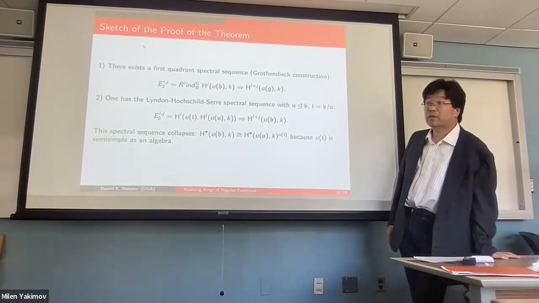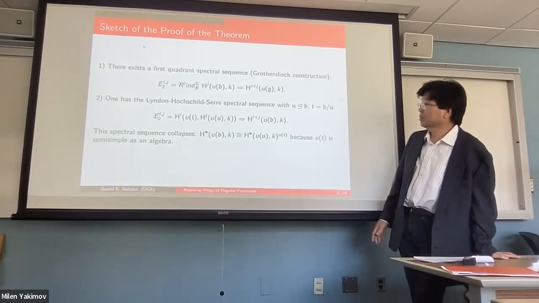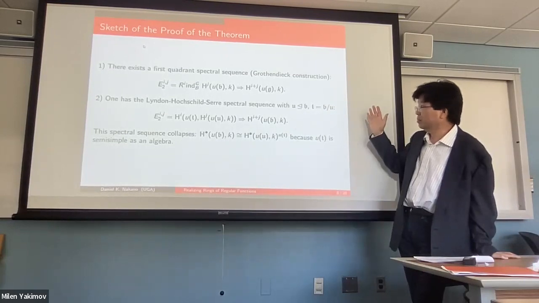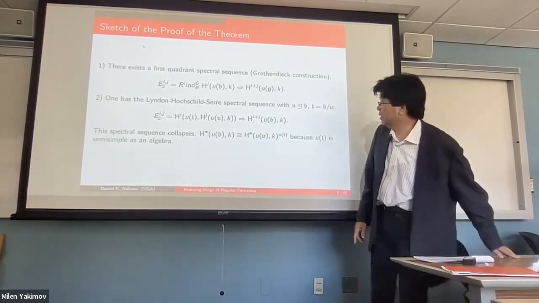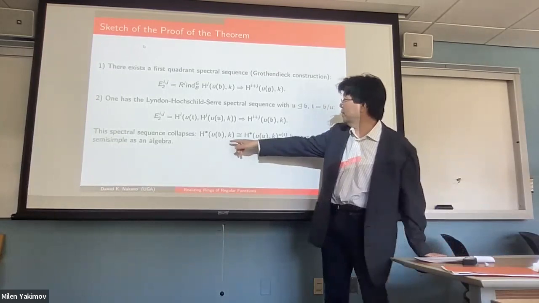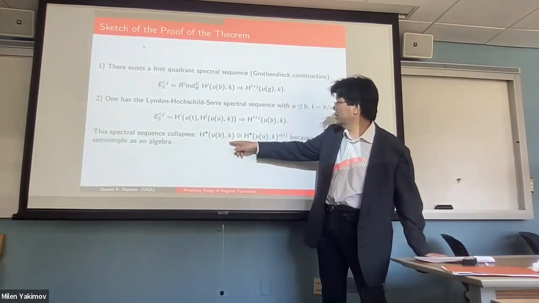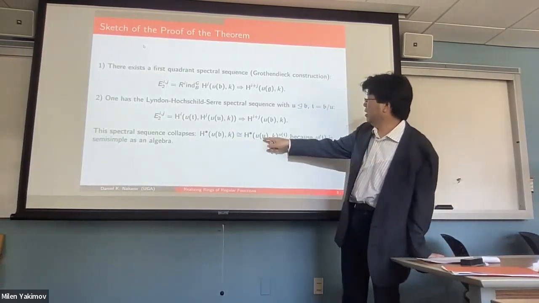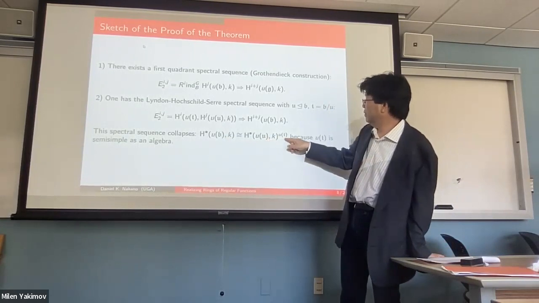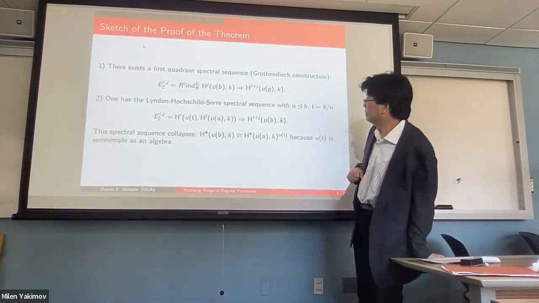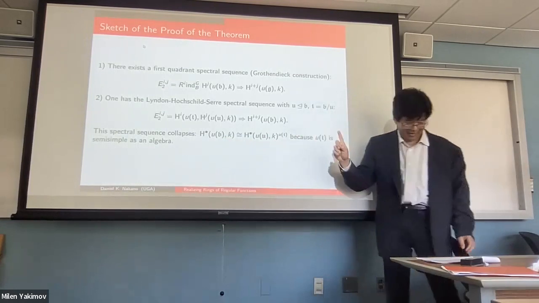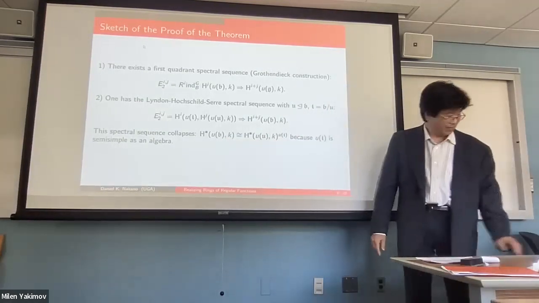So that means that the fixed point functor is exact. So this spectral sequence will just collapse. When it collapses, you can identify this cohomology here for B with the cohomology for U with the fixed points under T. So we have one down, one spectral sequence collapsed.